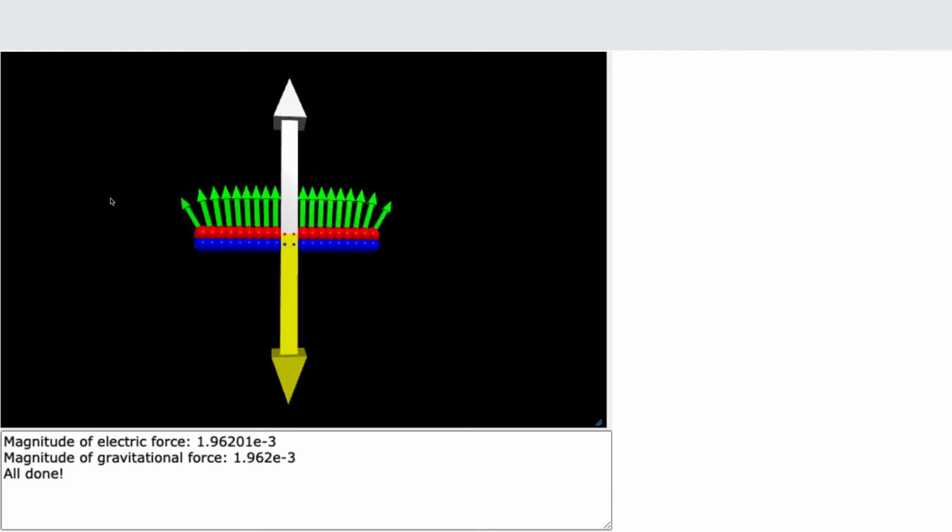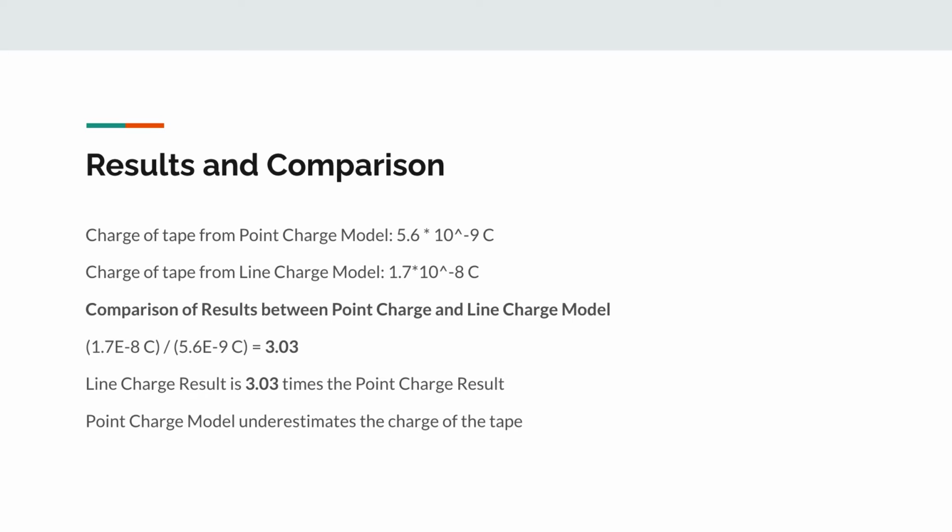As you can see, we need to make sure that the magnitude of electric force equals the magnitude of gravitational force, because that means that the net force is zero, and that accurately models that our tape is not moving. So we use the guess and check method to keep modifying the charges on the tape until we achieve this result. Using this method, we can see that the charge of tape from the point charge model, which we did previously, is 5.6 times 10 to the negative 9th coulombs.